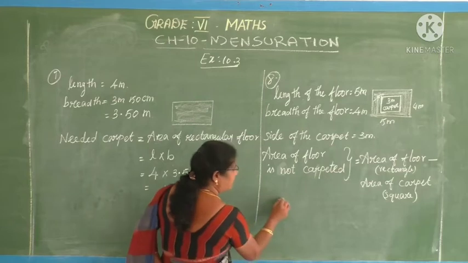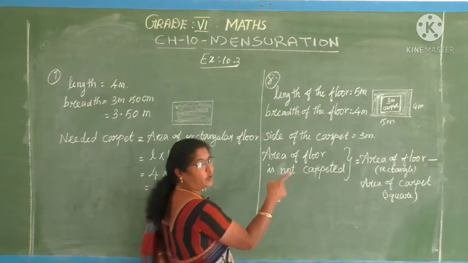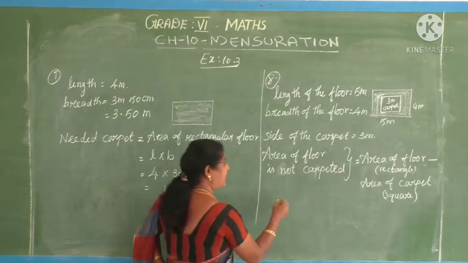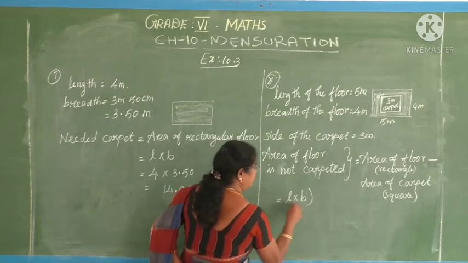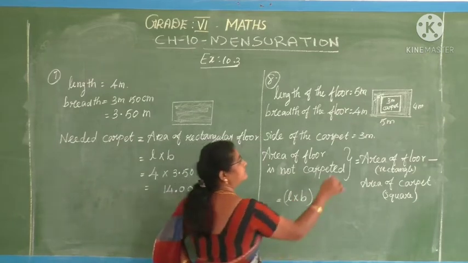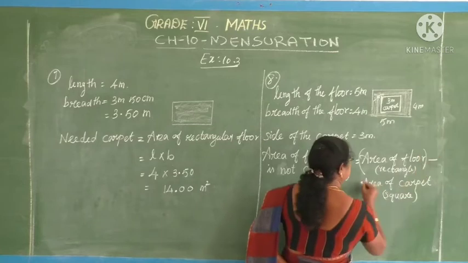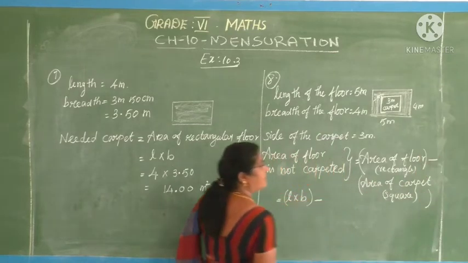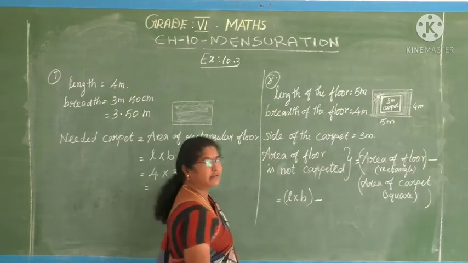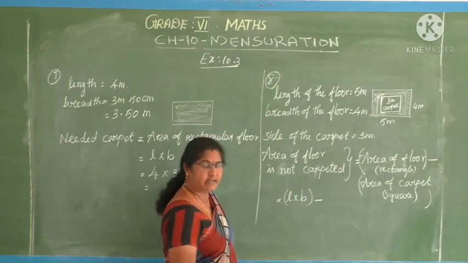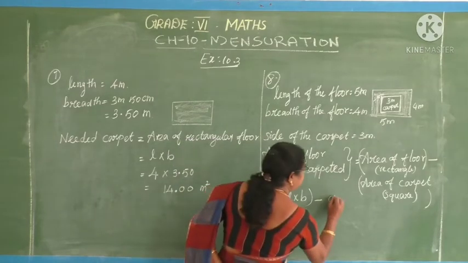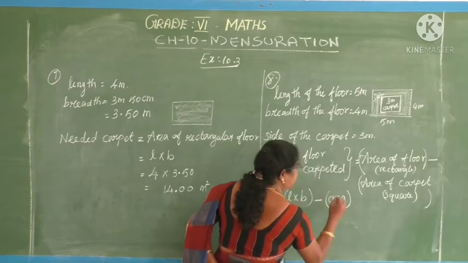So area of rectangle formula is L into B, minus area of carpet. Carpet is square in shape, so area of square is side into side, that is a squared.